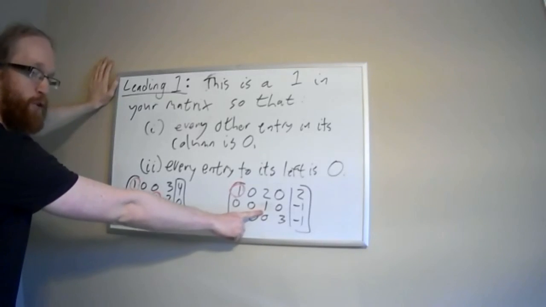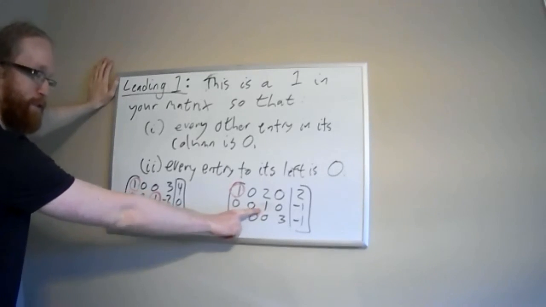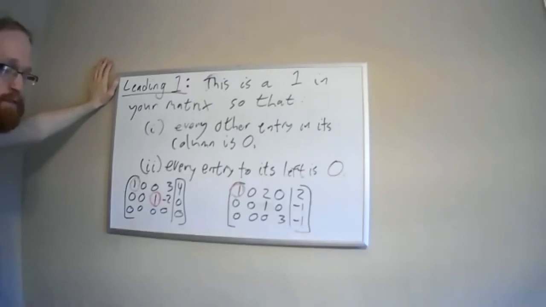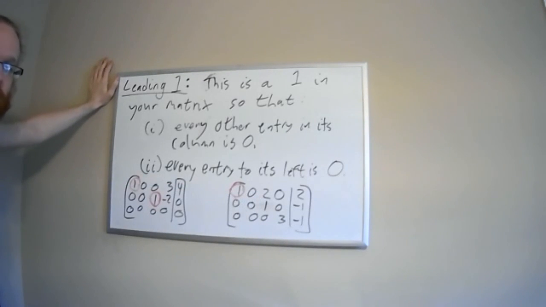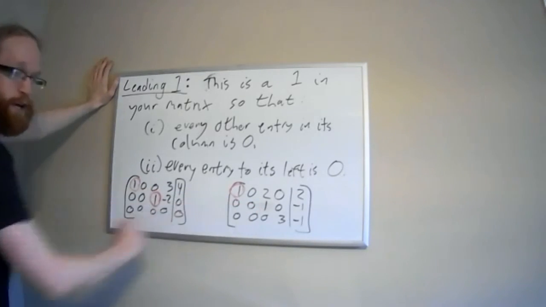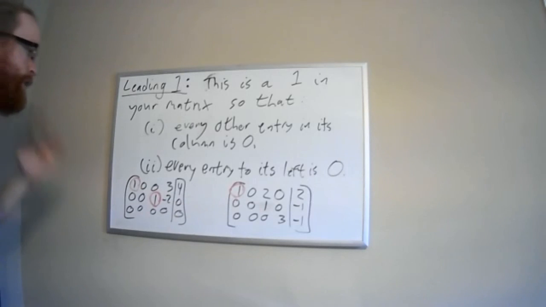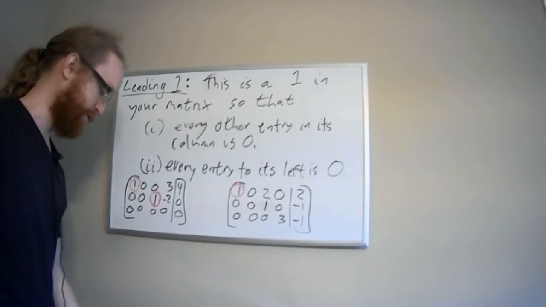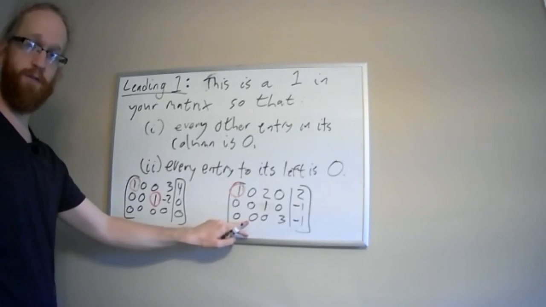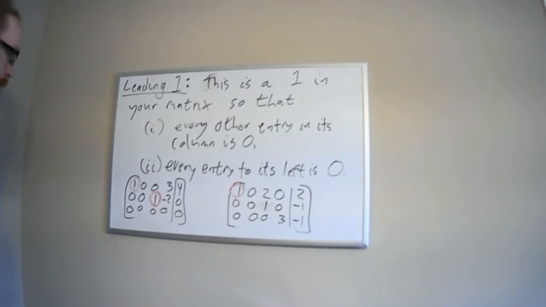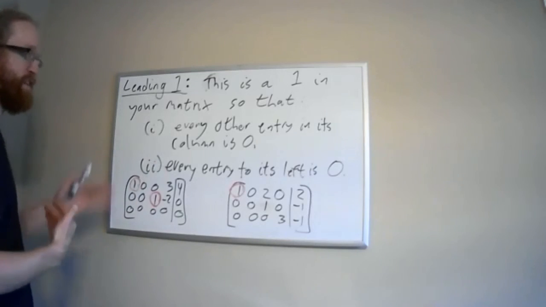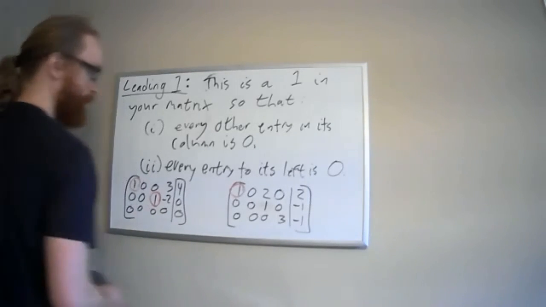This almost could be a leading one, but the problem is there's a number in its column that's not 0, namely this 2. I would need to make this into a 0 for this to be a leading one. So this is not a leading one. There's only one leading one here. So we're about to see this is not a reduced matrix. I would need to kill this 2 to make this into a reduced matrix. So something about leading ones has to do with this reduced matrix business.